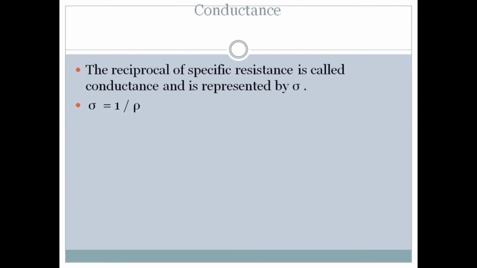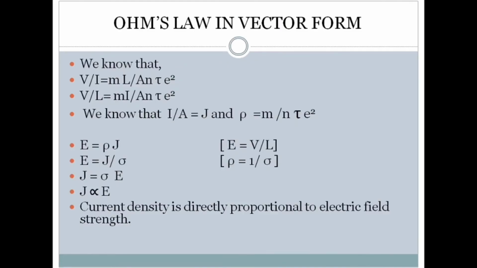Now what is conductance? The reciprocal of specific resistance is called conductance and is represented by the symbol sigma. So sigma is equal to 1 upon rho. Ohm's law in vector form. We know that V upon I is equal to mL upon A n e squared τ.